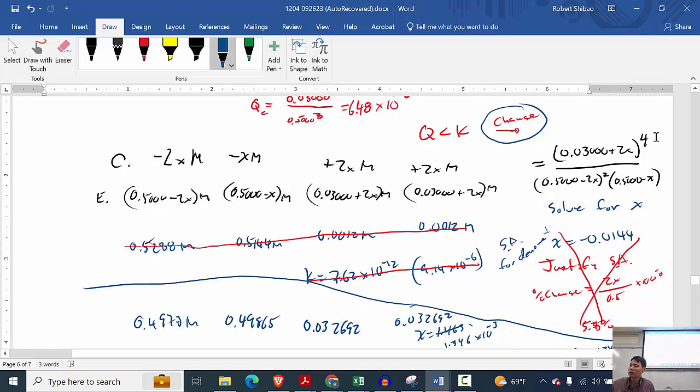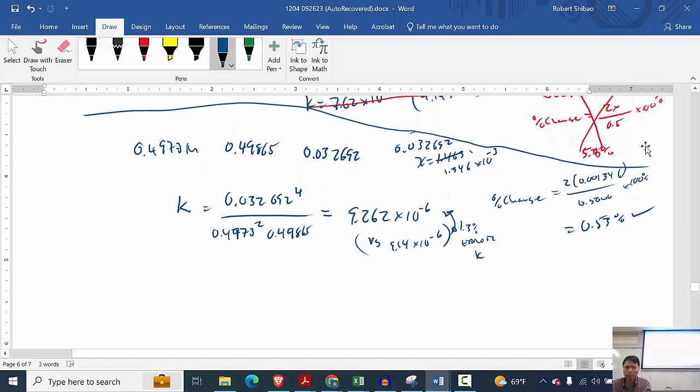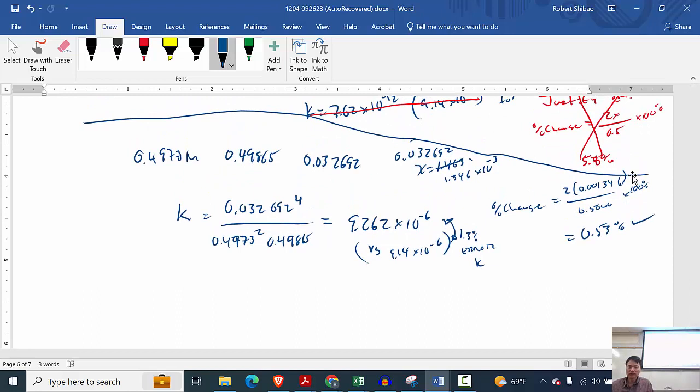What did you get for your X? I got 1.2939 times 10 to the negative 3? Yeah. Okay. Oh, that's good. I'll have to remember that. And did you double check the concentrations? No. Okay.